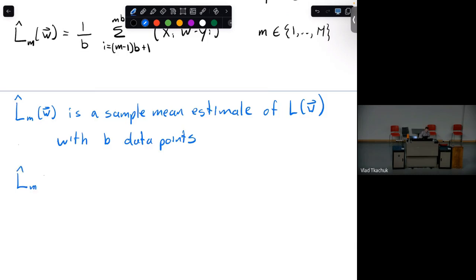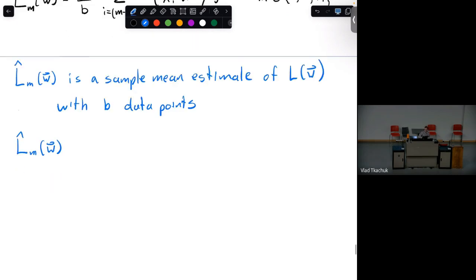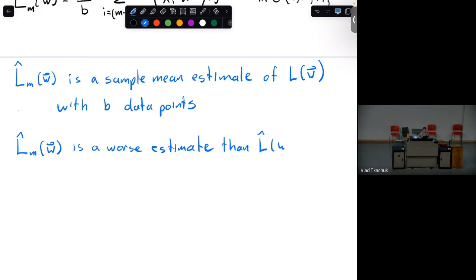But the unpleasant implication is that L hat of m is a worse estimate than L hat, since we're using fewer data points. Makes sense, we have fewer data points.